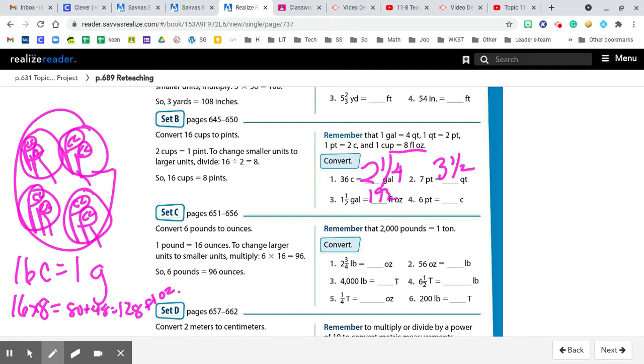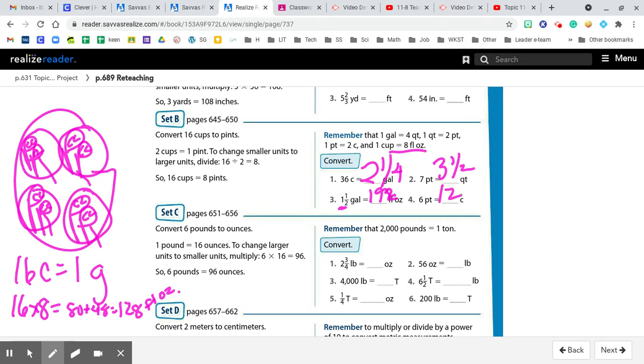So we'd be doing 128 plus half of that. Because I'd say for my 1 gallon, it's 128, and half a gallon would be 64. So I'd add that together, and we get 192. And 6 pints equals how many cups? I'm going to multiply by 2, because there's 2 cups in a pint.